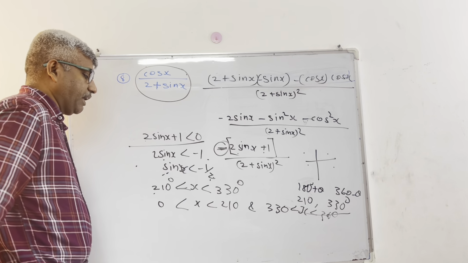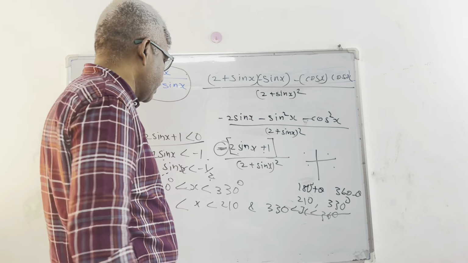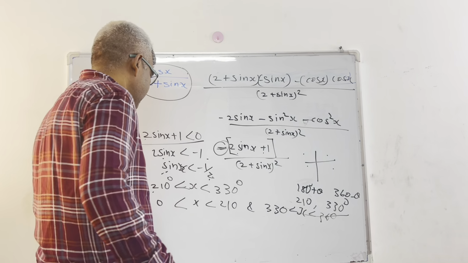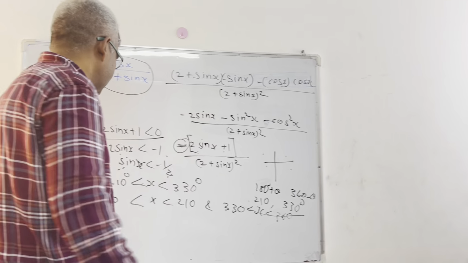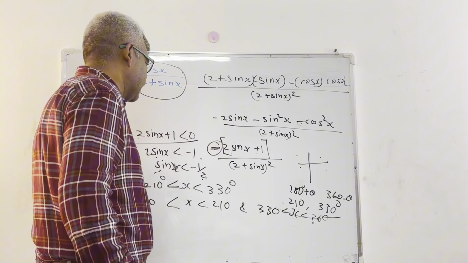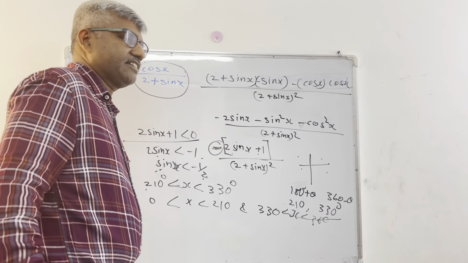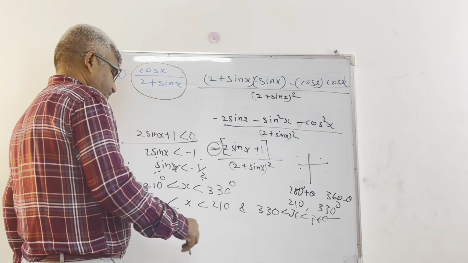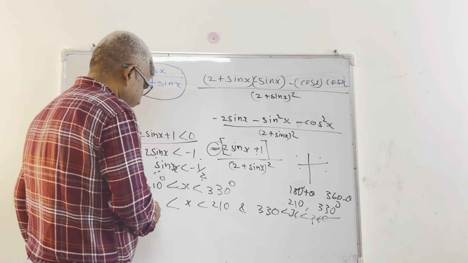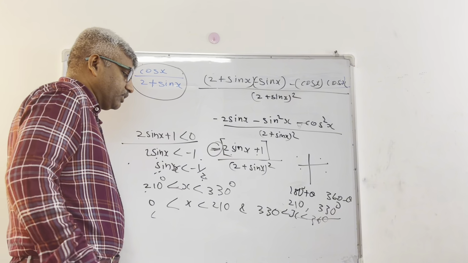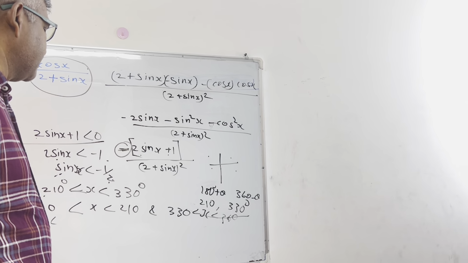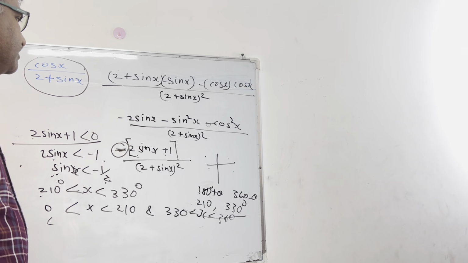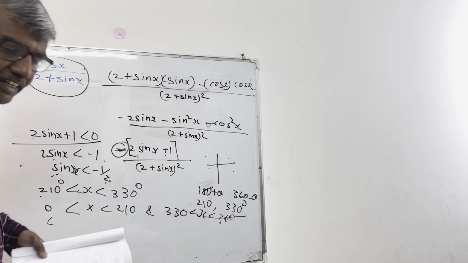Sin x is negative in the third and fourth quadrants, with reference angle 30 degrees. So from 210 to 330 degrees, it is increasing, that time f dash x will be positive. Then the reverse: 0 to 210, it is decreasing, and 330 to 360, it is decreasing. Note it down.